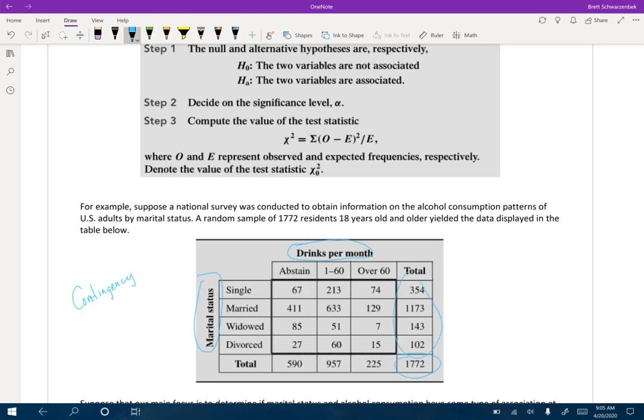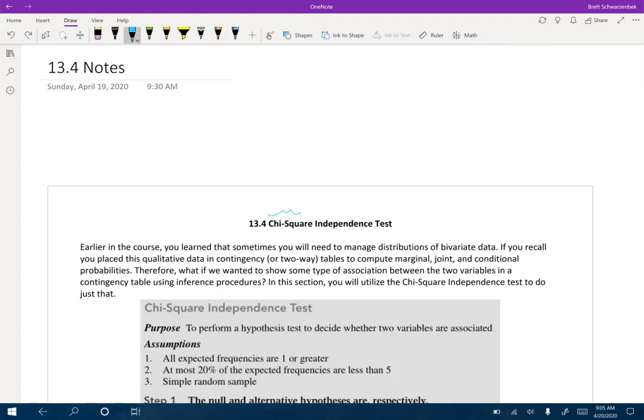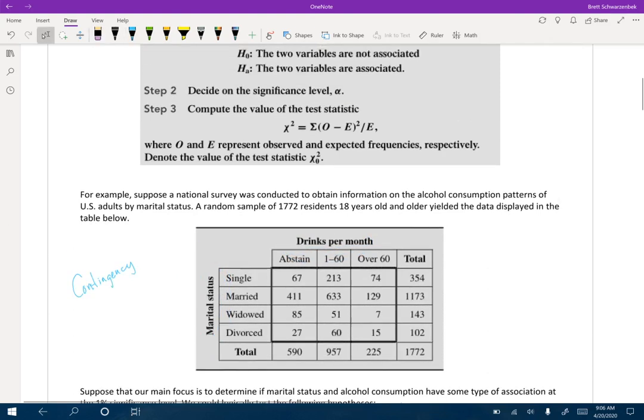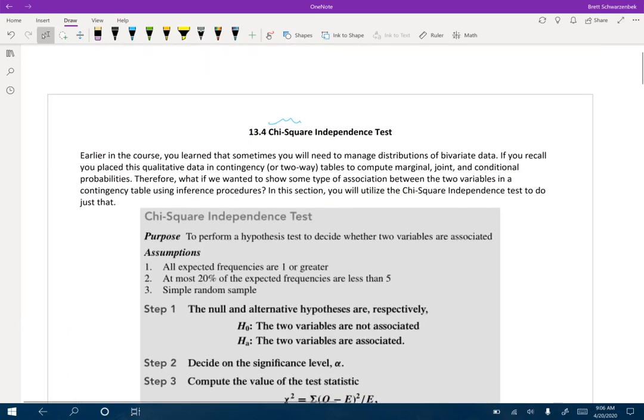So anyway, what if we want to do something totally different? What if we wanted to see if there was a true relationship between the two variables that are being compared in the contingency table? Well, that is essentially what a chi-squared independence test does.